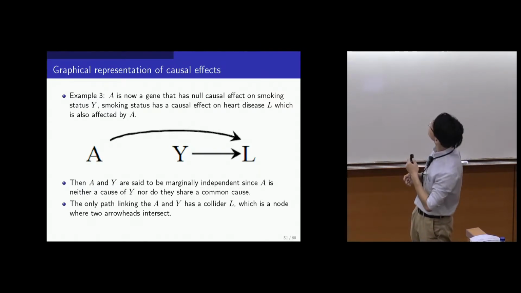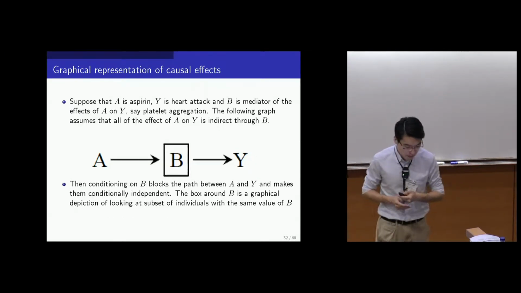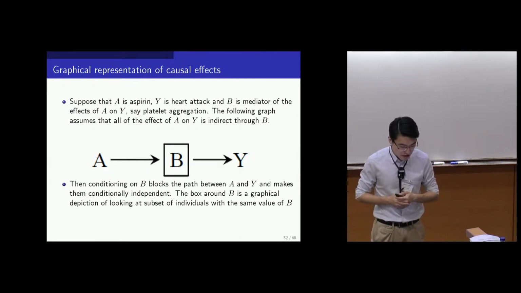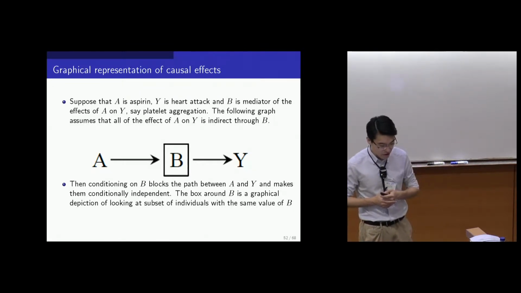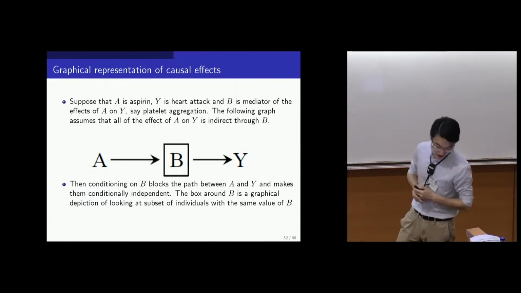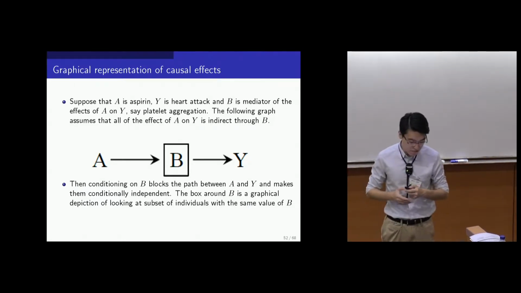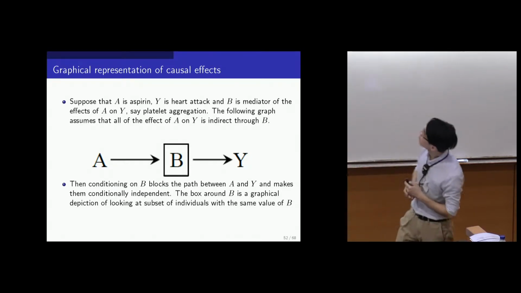So when there's a collider, the path is blocked. So suppose A is aspirin, Y is heart attack, and B is the mediator of the effect of A on Y. So the following graph assumes that all of the effect of A on Y is through B. So conditioning on B blocks the path between A and Y and makes them conditionally independent. So it blocks this path.